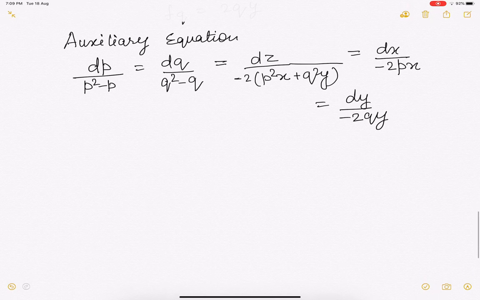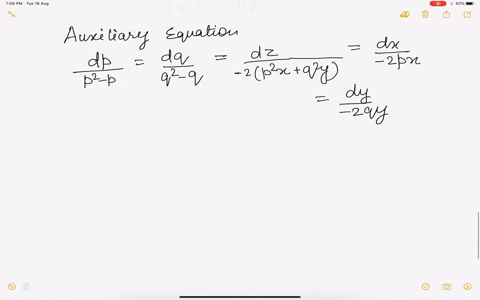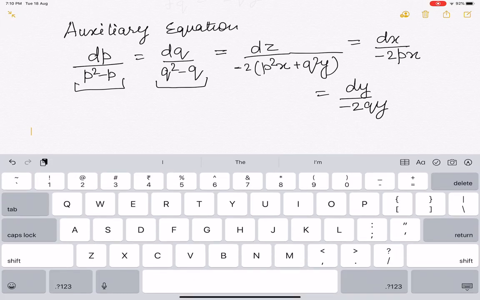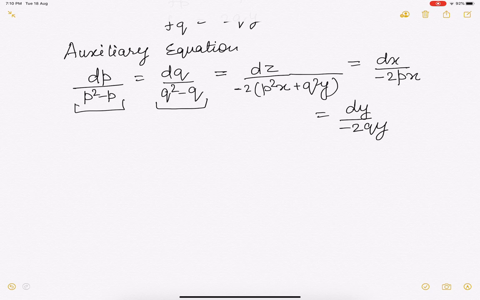So from here, let us see if we may take any two and solve it. Is it possible to do this? Yes, it is possible that we may take the first two terms and solve it, because this one is also integrable and this one is also integrable. But this won't serve our purpose. So we are going to take the multipliers.